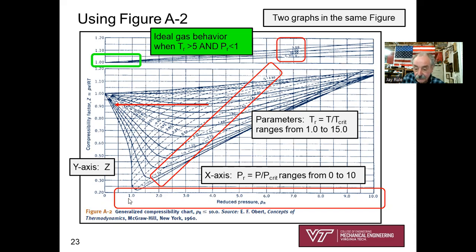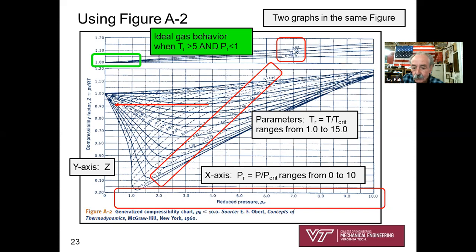So figure A2, also on the x-axis, your reduced pressure, PR, ranges from 0 all the way up to 10. Your reduced temperatures range from 1.0 down low, increasing up to 3.5 for this part of the chart. But now we've got another part of the chart that's way up here.